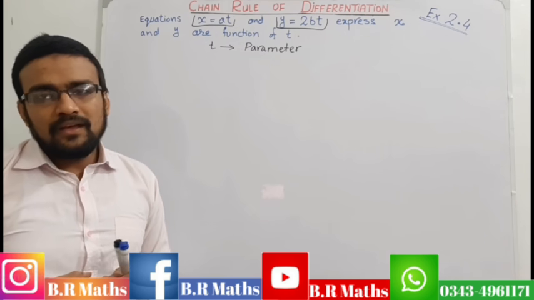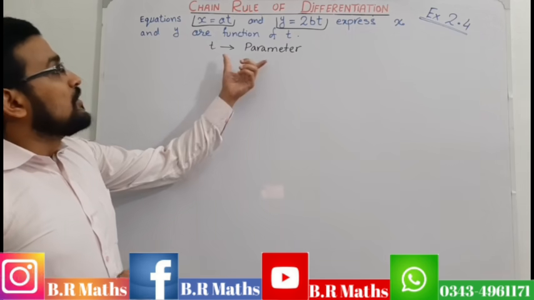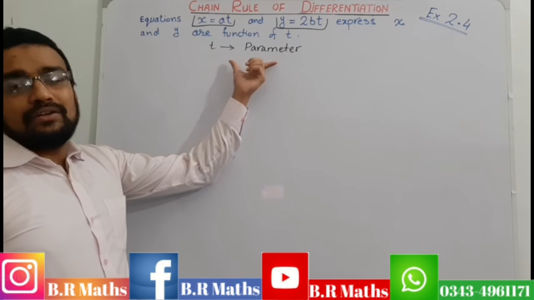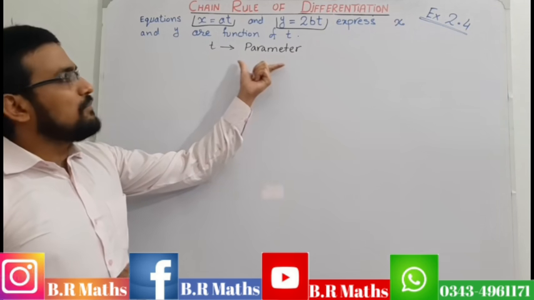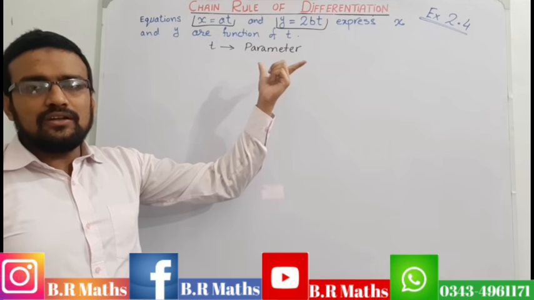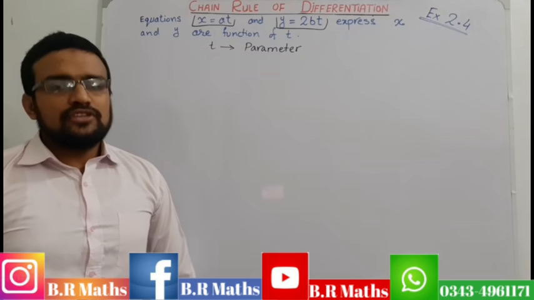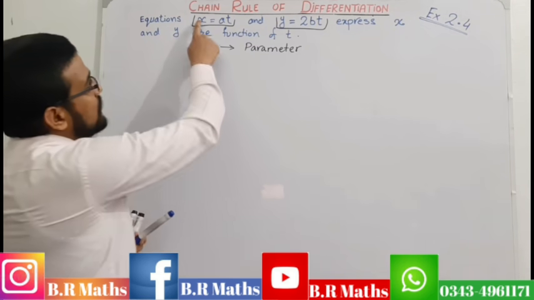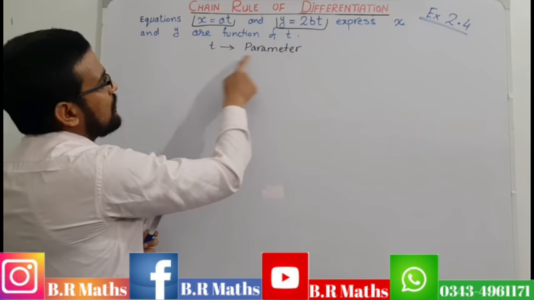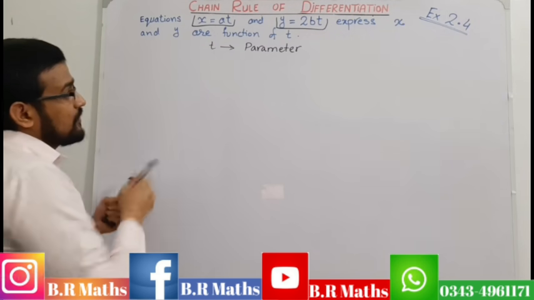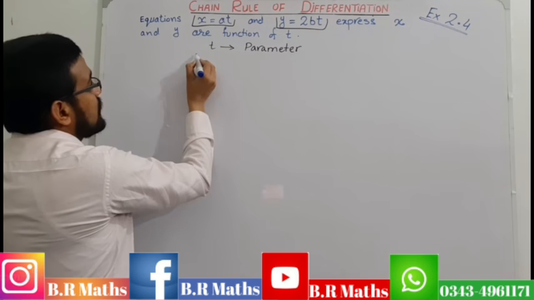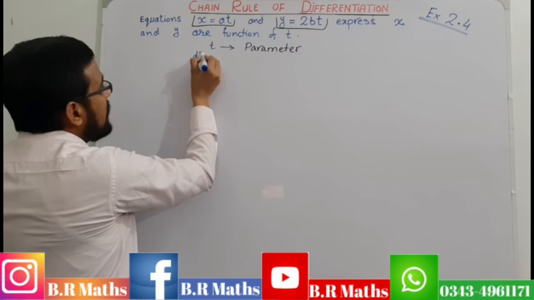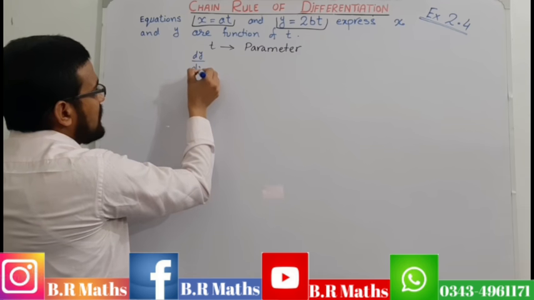Okay, student, and to differentiate the parametric equation, we also use the chain rule. Okay, what is the chain rule for this equation? According to this parametric, dy over dx.